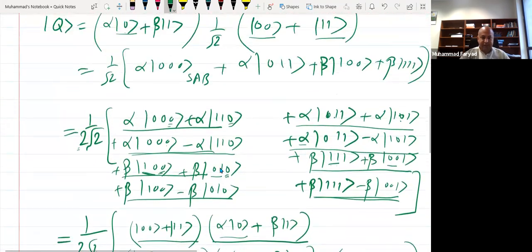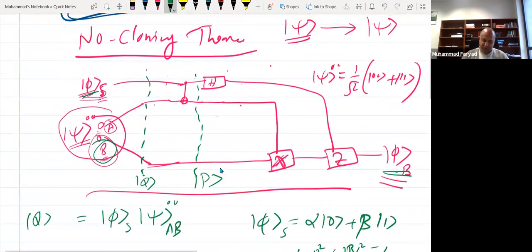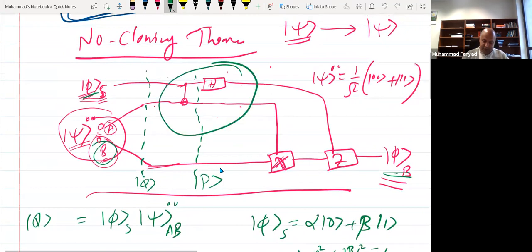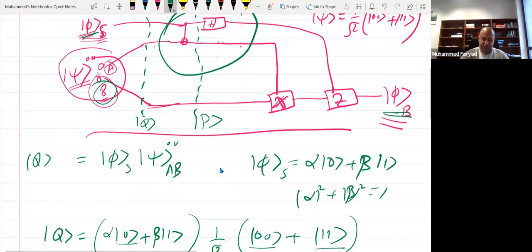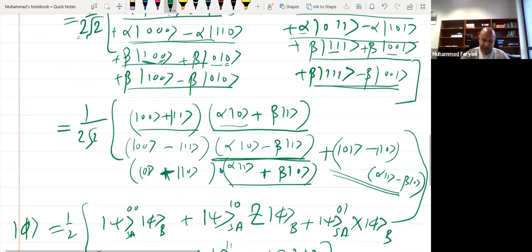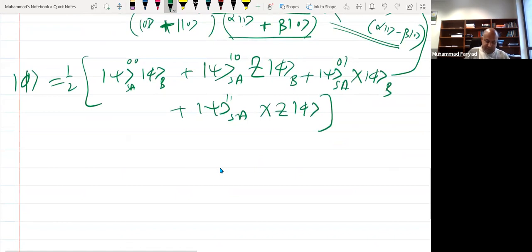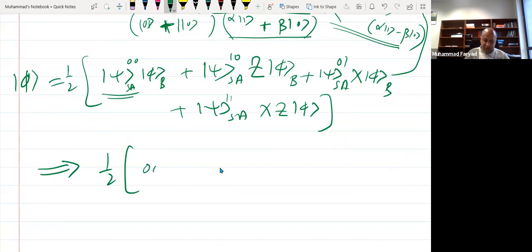And let's get back to the circuit. Now you see that this part is nothing but measurement in Bell basis. So when we transform our circuit from this part, the psi SA 00 will go to 00 state.